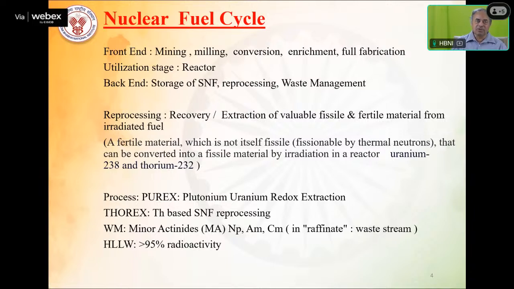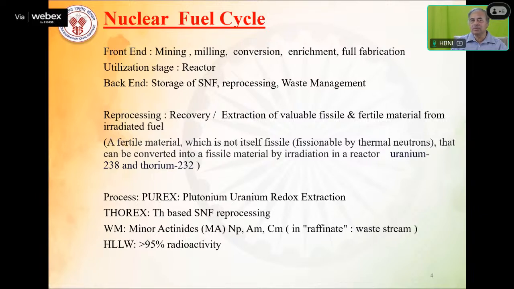The operation of extraction of natural uranium from the ore is called milling. And then it needs to be converted into the proper form. That is, if we have to go for enrichment, it has to be converted to UF6, uranium hexafluoride.